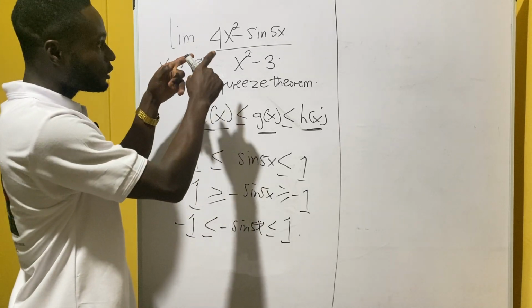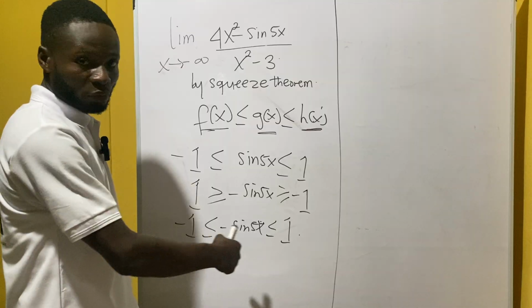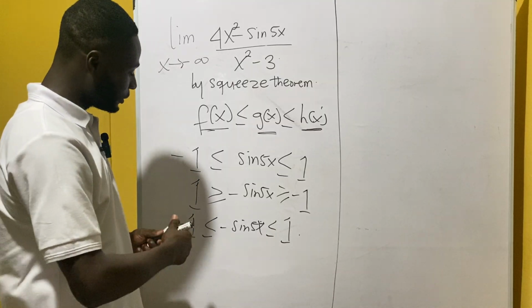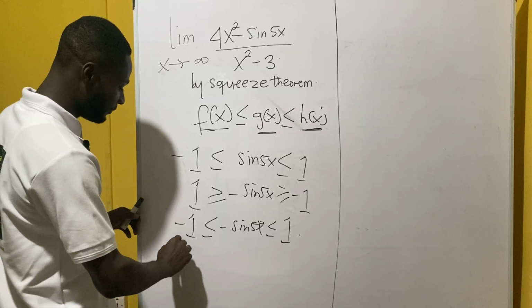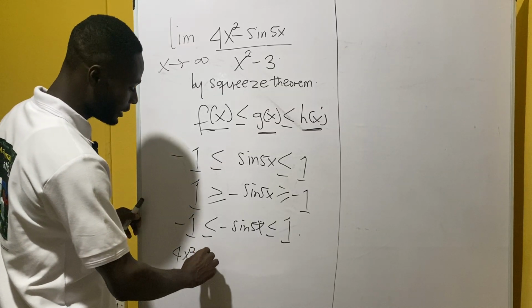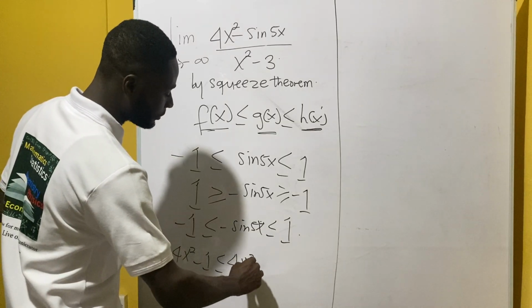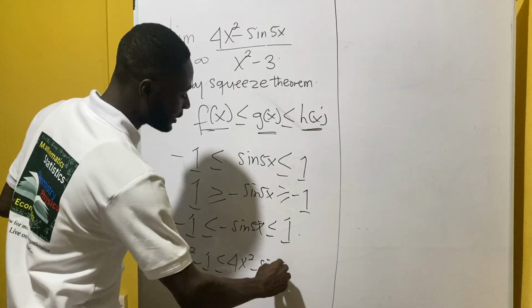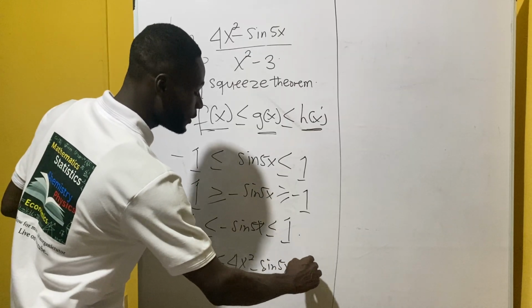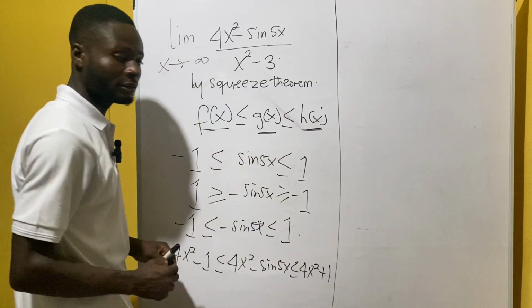Now what we have to do is add 4s squared to both sides. When we do that, we are going to have 4s squared minus 1 less than or equal to 4s squared minus sine 5x less than or equal to 4s squared plus 1, right?